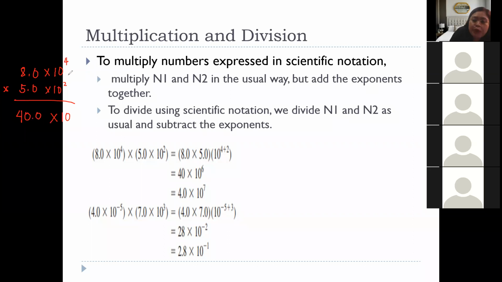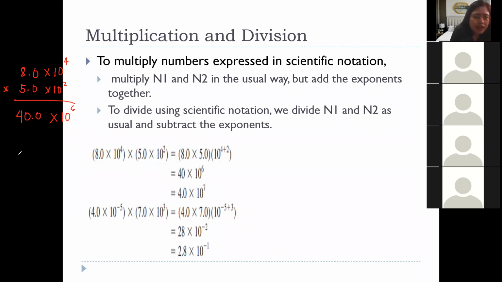There is no need to adjust the exponent, because the exponents will be added. So 4 plus 2 becomes 6. That's how you multiply scientific notation.